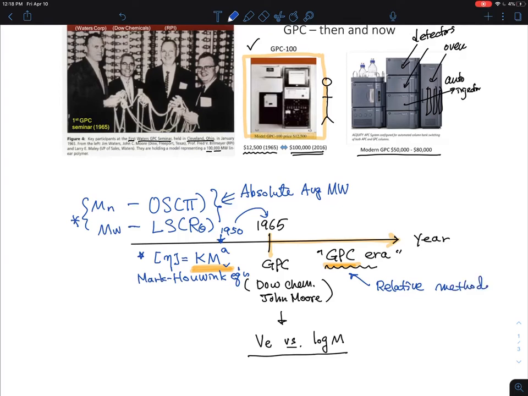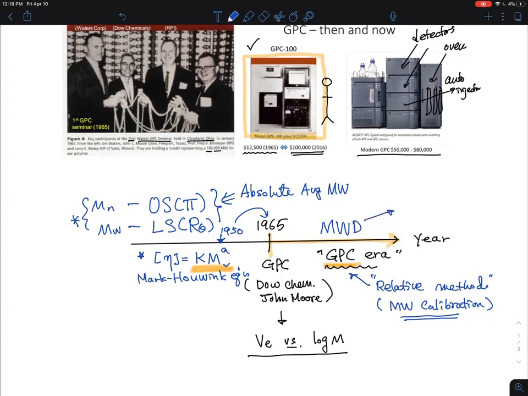So you have to rely on a molecular weight calibration. That's really the weak point of the GPC, although it's very powerful. And from the GPC, you can essentially get the whole thing, the molecular weight distribution.